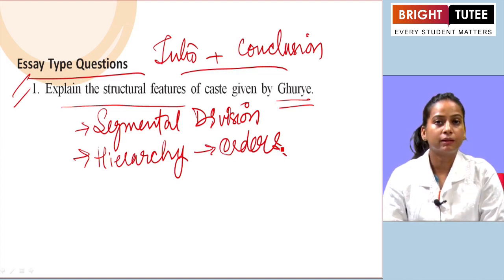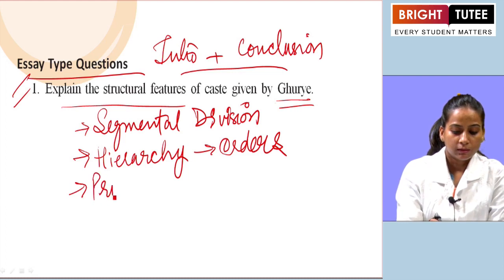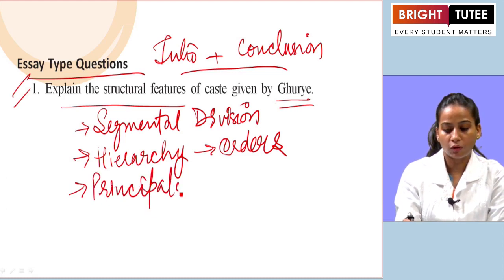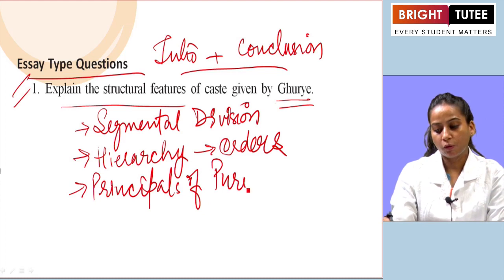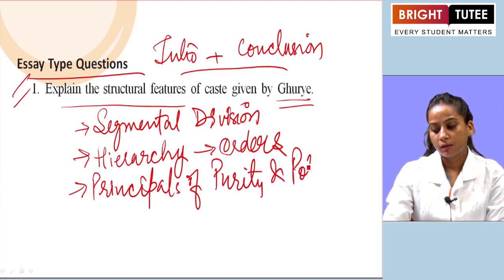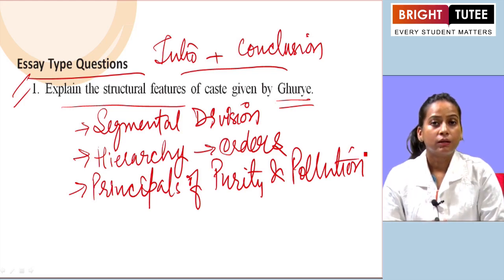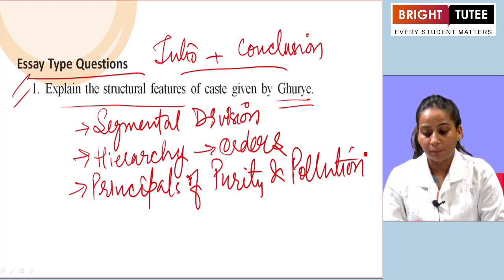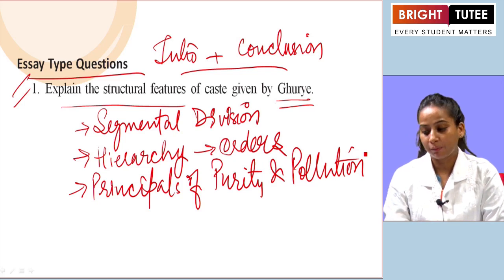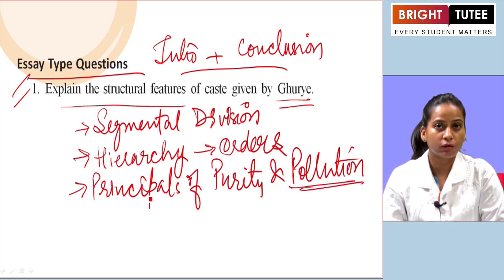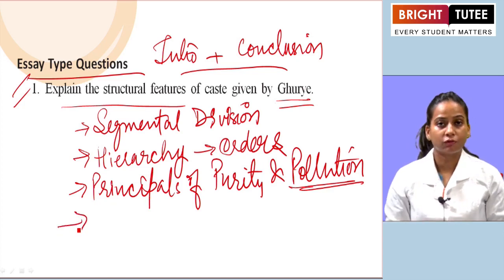Then the third one we can discuss about the principles of purity and pollution, and according to that principle, how involving in different deeds can be considered as purity, and how sometimes other activities of the individual can be treated as pollution in the given caste system.